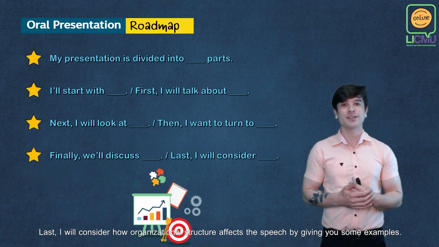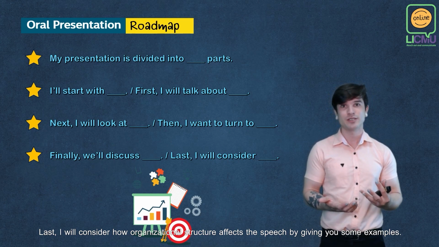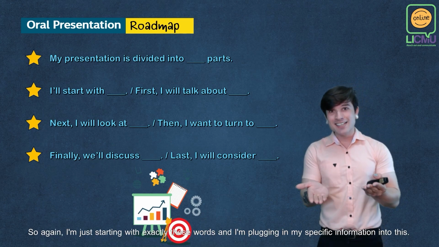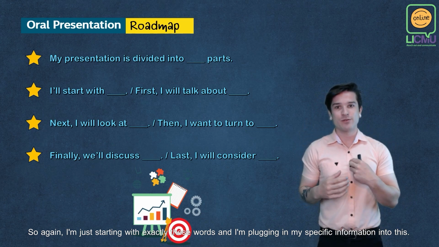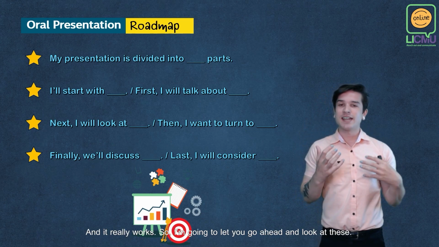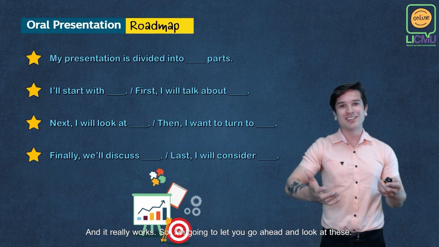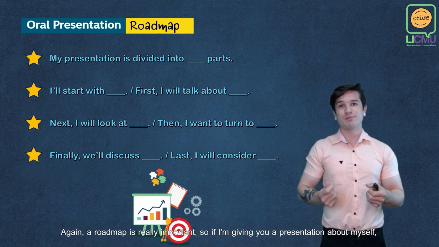Last, I will consider how organizational structures affect the speech by giving you some examples, right? So again, I'm just starting with exactly these words, and I'm plugging in my specific information into this. And it really works. So I'm going to let you go ahead and look at these. Choose the ones that you like. Again, a roadmap is really important.